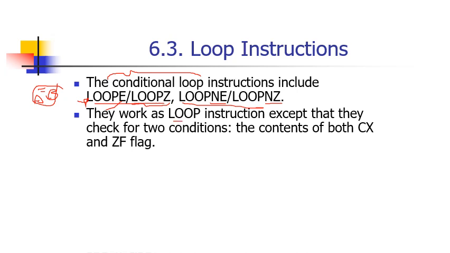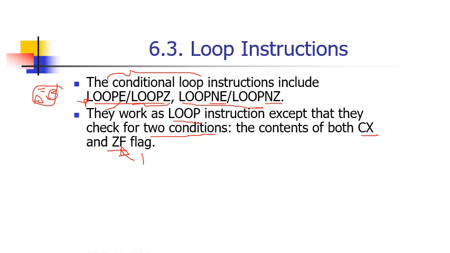The loop instructions, the conditional loop, as a matter of fact, it checks for two conditions: the content of Cx and the 0 flag. If we're talking about loop if equal or loop if 0, after each iteration, you check your 0 flag. If the 0 flag is set, which means the two numbers are equal or 0, you do looping.